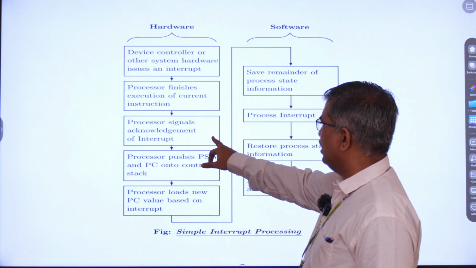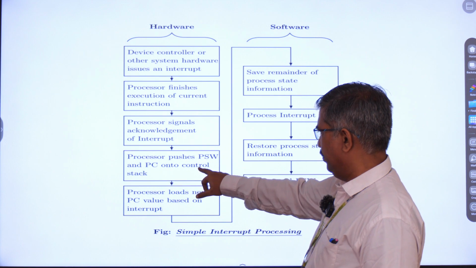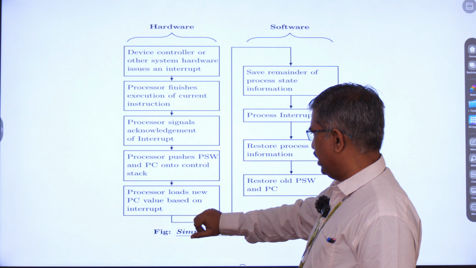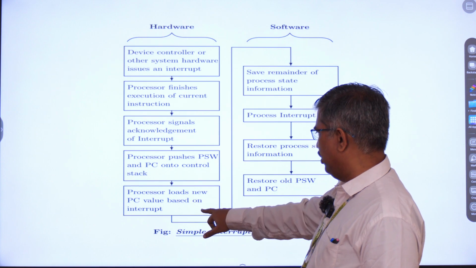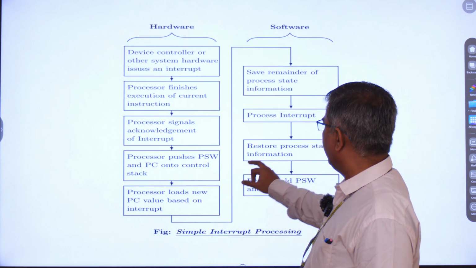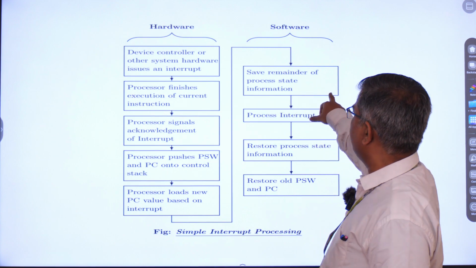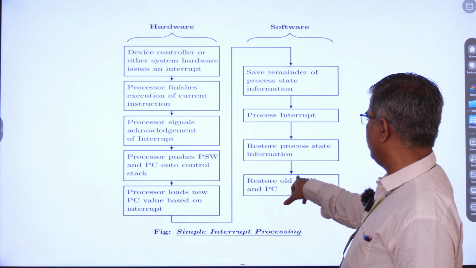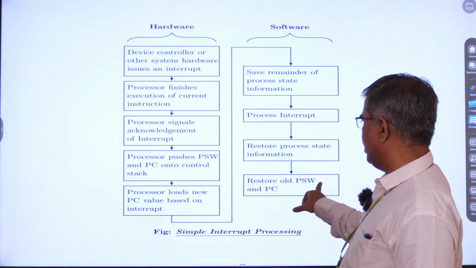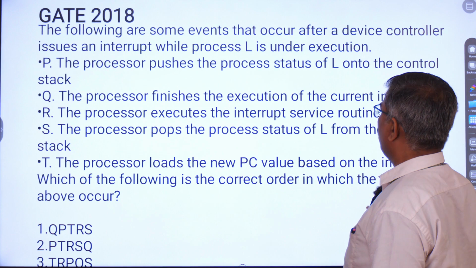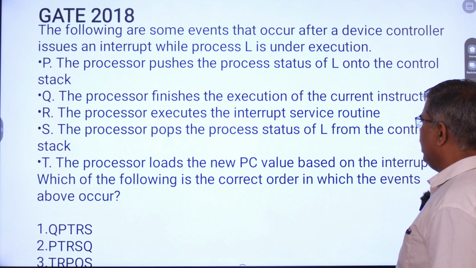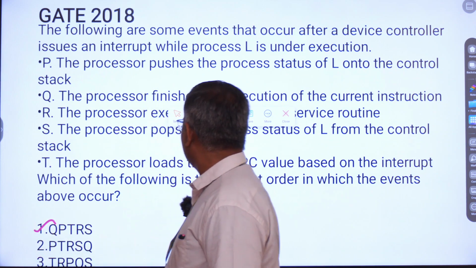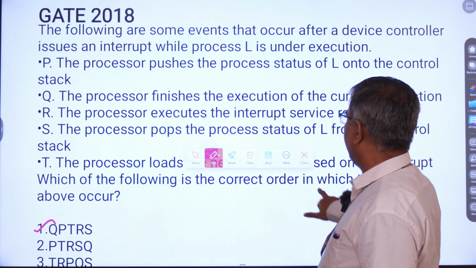Next, the processor signals acknowledgement of the interrupt, and then the processor pushes the PSW and PC onto the control stack. The processor loads a new PC value based on the interrupt, and then saves the remainder of the process state information, processes the interrupt, and restores the process state information and the old PSW and PC. So when you look at this, you can easily identify that the order is QPTRS. So this is the correct option.